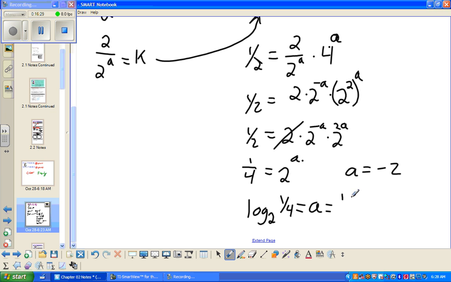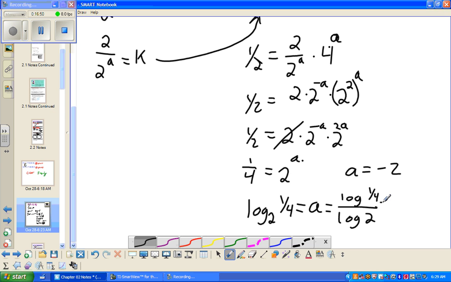Otherwise, you'd use your change of base theorem where you could use common log or natural log of 1/4 divided by the same log of 2, and you'd get negative 2 for your answer.